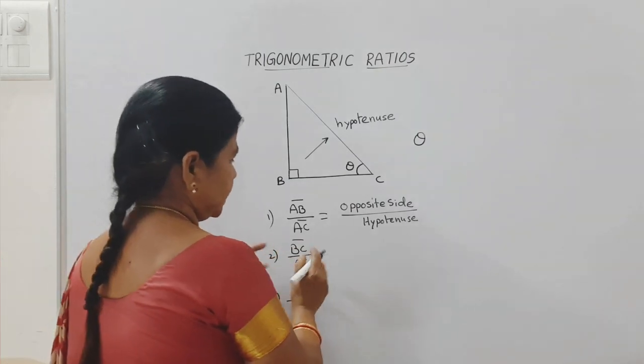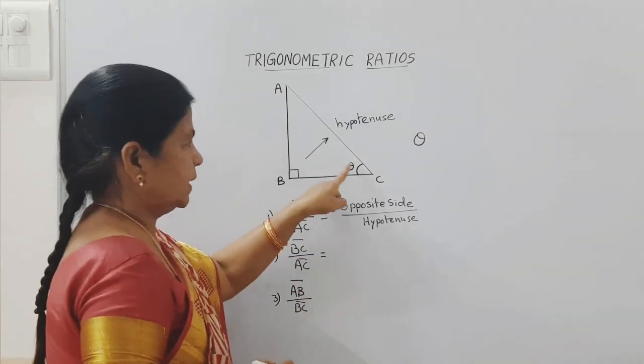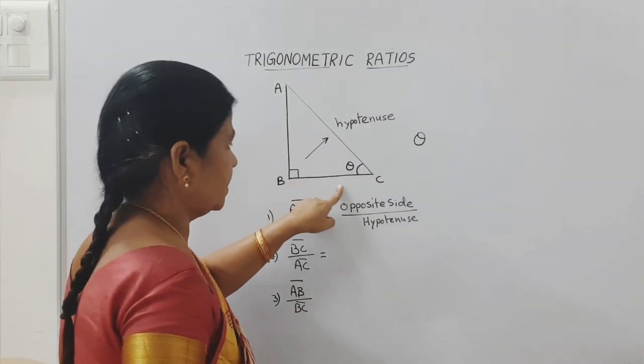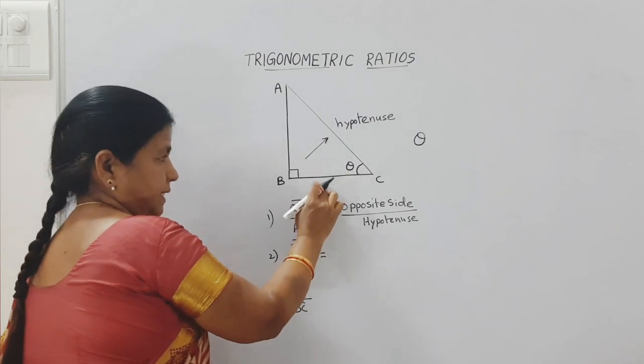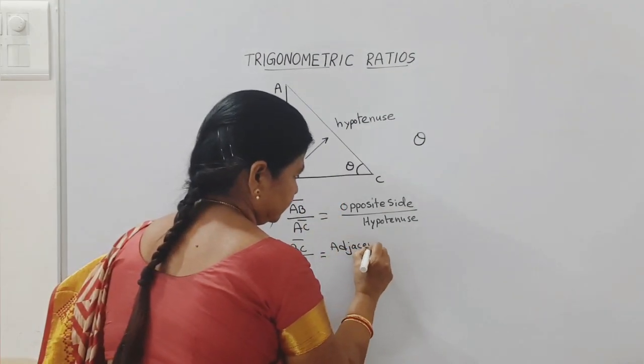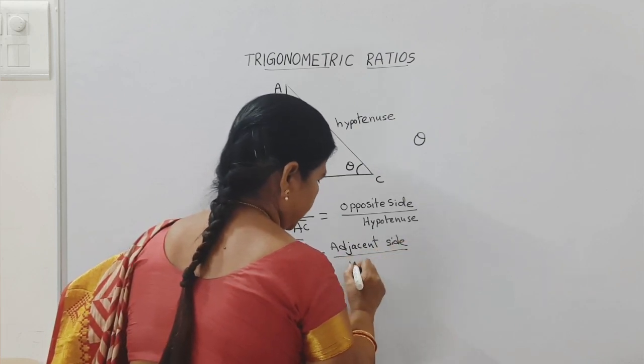And now for BC by AC, what is the name of BC with respect to theta? It is side by side, so it is the adjacent side. So adjacent side by hypotenuse.